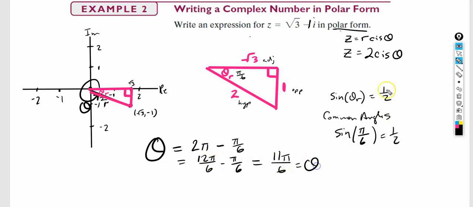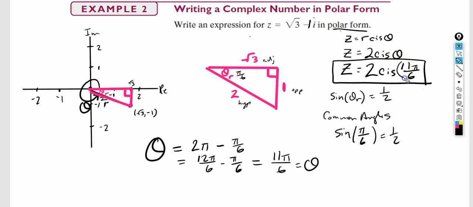So I finally finished now. So in polar form, my complex number z is equal to 2 times cis of 11 pi over 6.